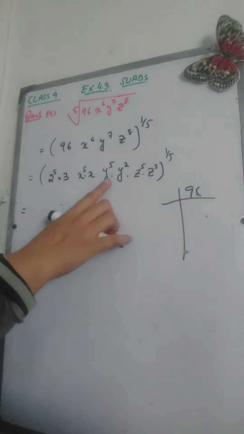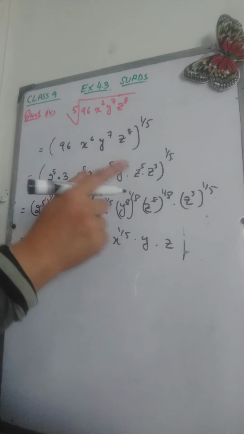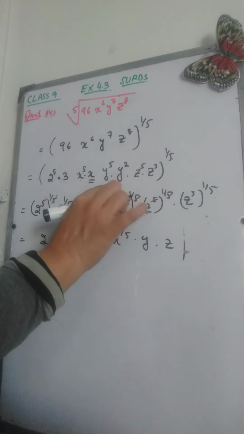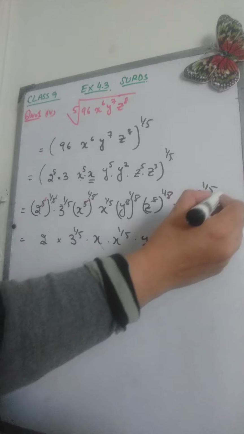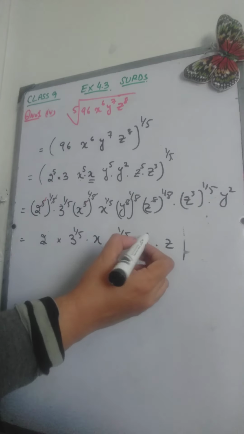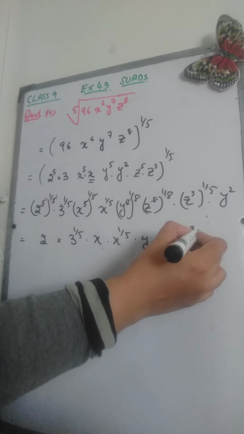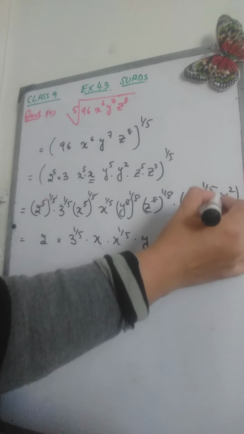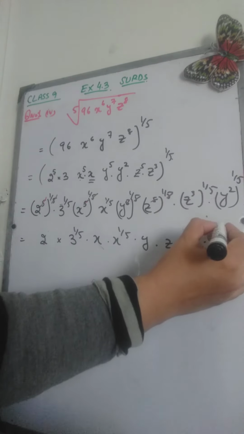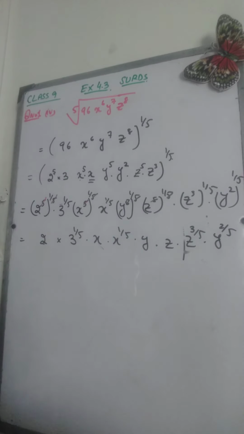And where is this, we missed something over here, y square. Okay, I am writing this y square at the end because I had missed it. So z raised to power 3 by 5, and y raised to power 2 by 5. Okay, so now these numbers are without exponents.